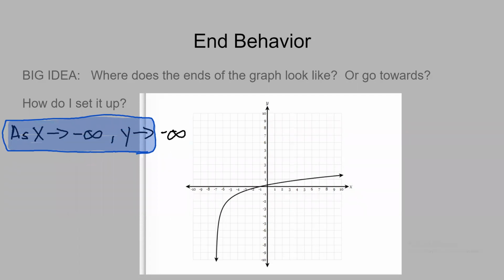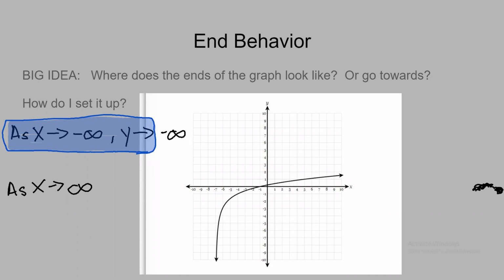And the next part is as x approaches infinity, or I'm all the way over here at this end of my x-axis. Where does my graph go?